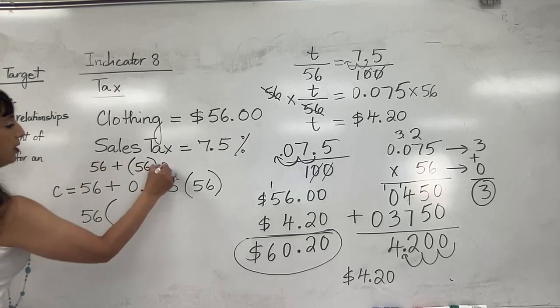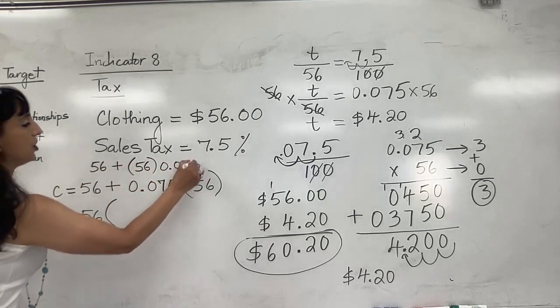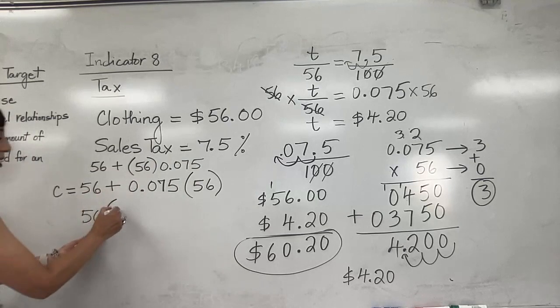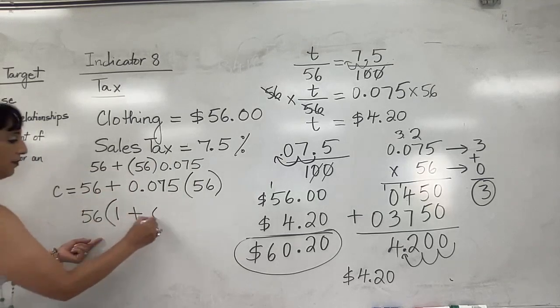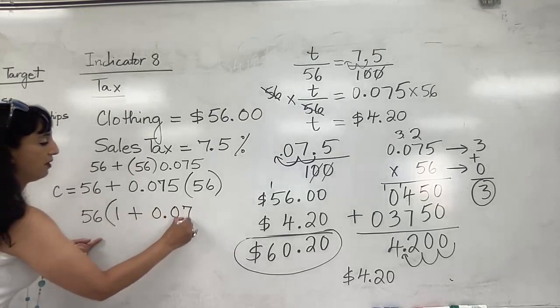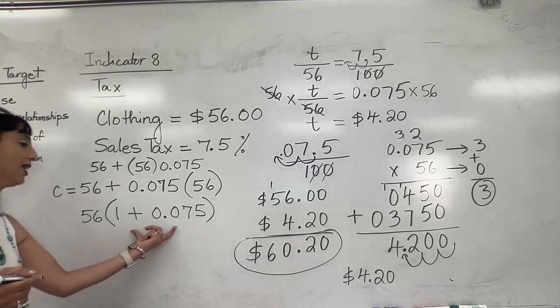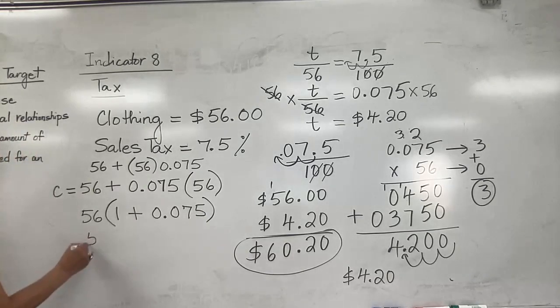So here, if I flip these two around, I'm just showing you 56 plus 56 using the commutative property of multiplication. So if I did that, I'm just trying to convert it to distributive property. So 56 divided by 56, there's 1 plus 75,000. So I'm using distributive property over here. Then I can again add these two. So I'm just showing you there's so many different ways that this can be done.